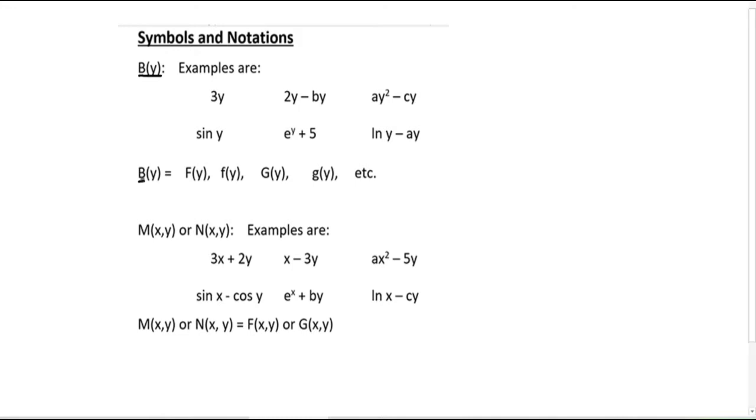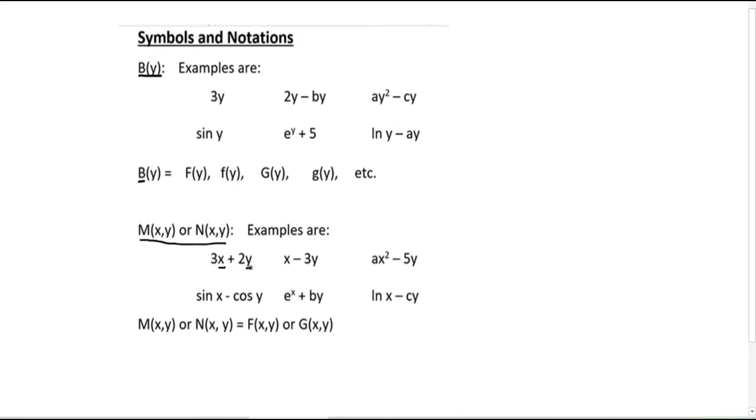How about when the letters x and y are present in mathematical expressions? For such expressions, we will denote them with M(x,y) or N(x,y). Examples are shown. The first example is 3x plus 2y, so it contains x and y.